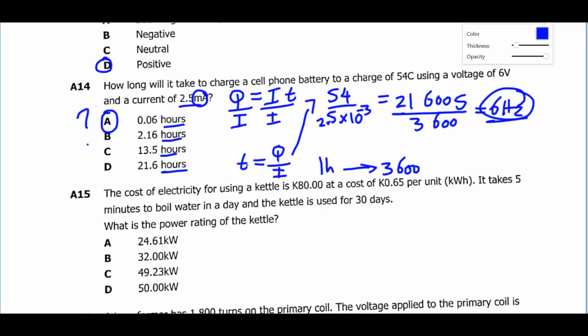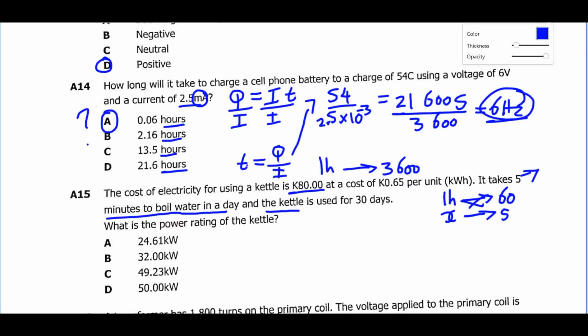Let's move on to question 15. The cost of electricity for using a kettle is 80 kwacha at a cost of 0.65 kwacha per unit. It takes 5 minutes to boil in a day, and the kettle is used for 30 days. So I'm going to change minutes into hours. Remember, 1 hour is equal to 60 minutes.